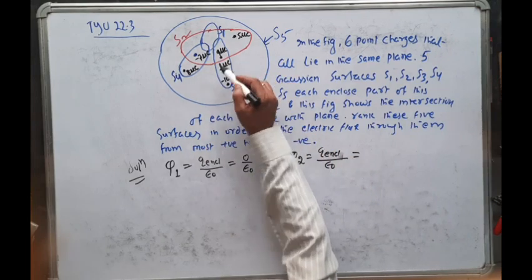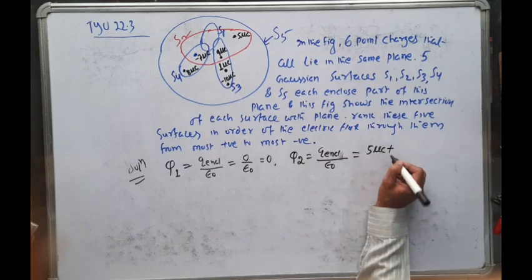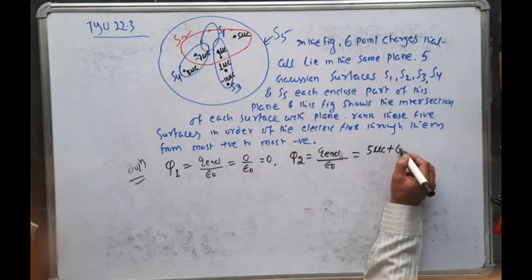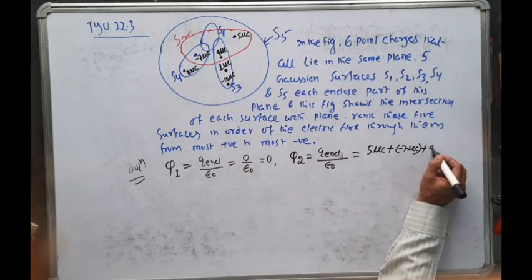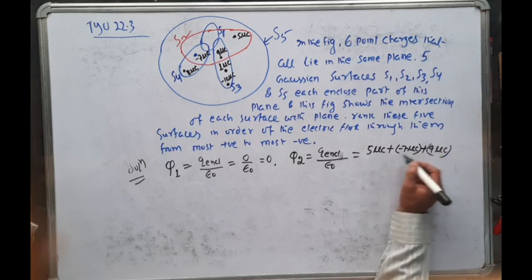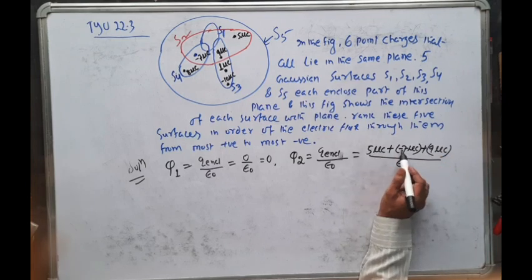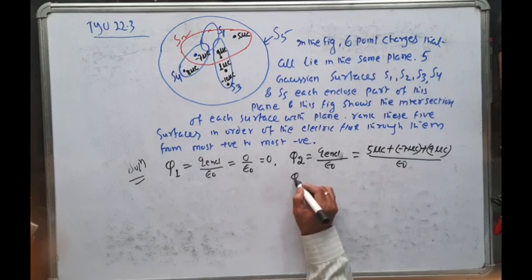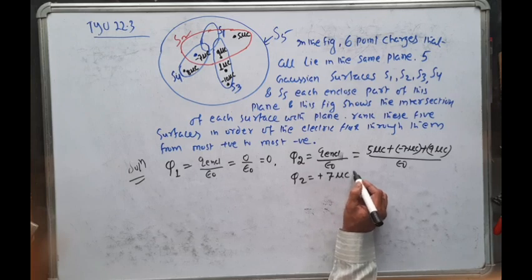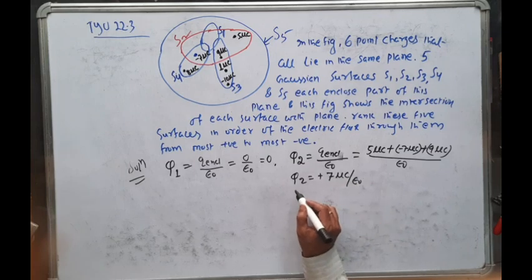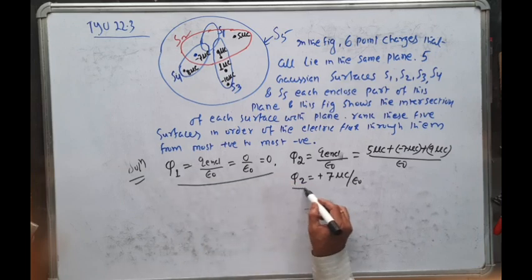In this S2 surface, the first charge is 5 microcoulomb, plus the second charge, -7 microcoulomb, plus the third charge, 9 microcoulomb, divided by epsilon naught. 9 plus 5 is 14, minus 7, that is equal to plus 7 microcoulomb divided by epsilon naught. So this is your phi 1, this is your phi 2.